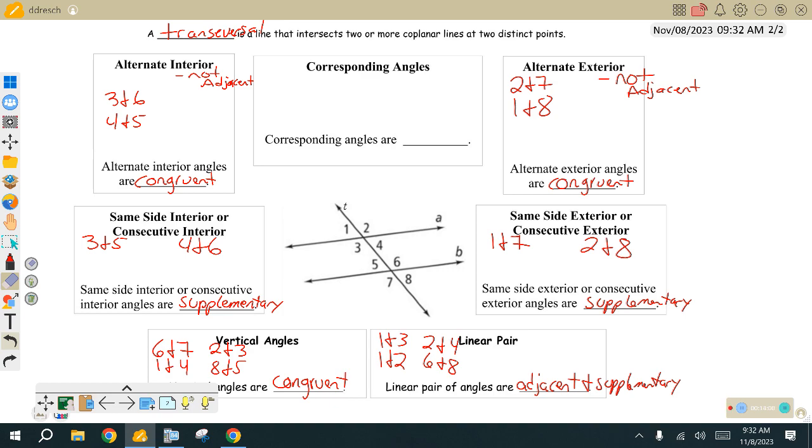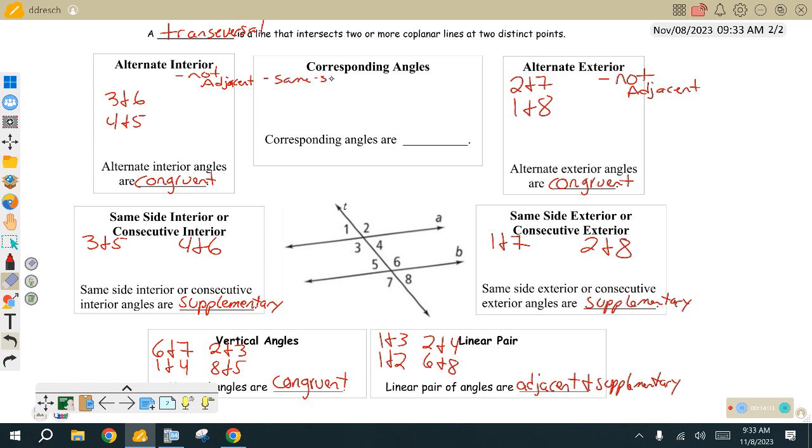All right. The last one, which I think does not do a good job of explaining itself in words of where they're located, is corresponding. Corresponding angles, think about it as the same relative position. What do I mean by that? They have to be on the same side of the transversal. I'm going to jot that down.